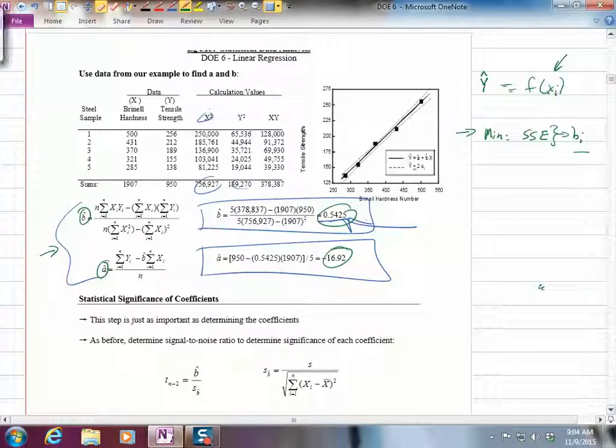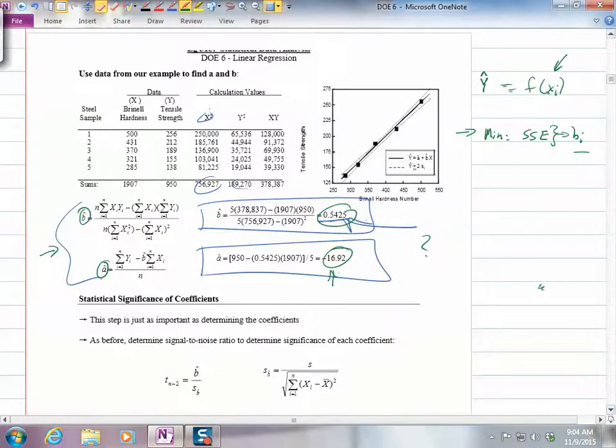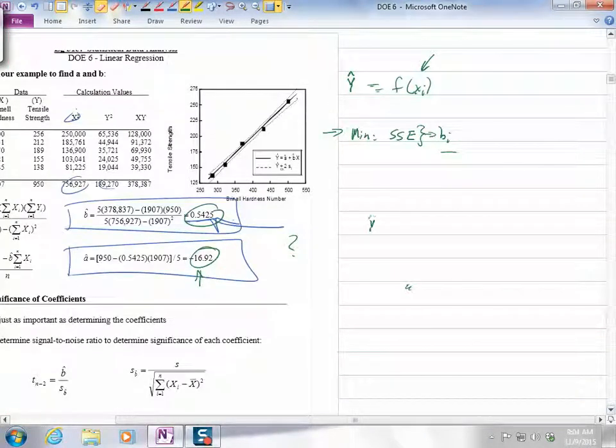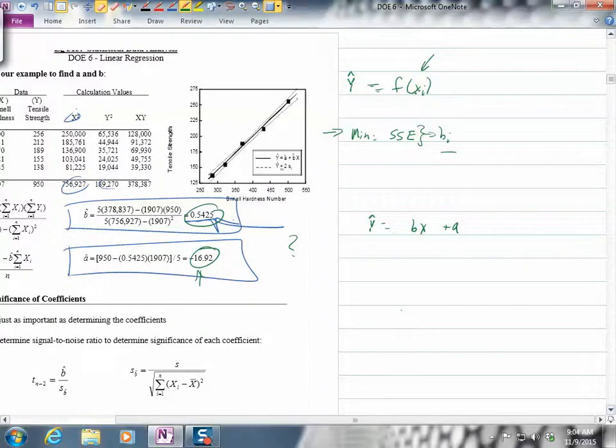Okay, then the question we have is, is the slope significant? Is the intercept significant? What we mean by that is we have this model, y equals mx plus b. So y equals bx plus a. And we have values for a and b.